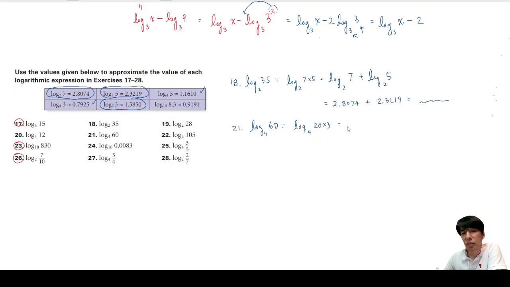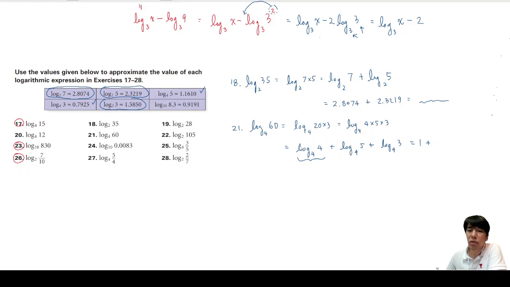So let me further expand it like this: 4 times 5 times 3. Now we can separate the logs. Log base 4 of 4, plus log base 4 of 5, plus log base 4 of 3. Multiplication can be converted into plus. So log base 4 of 4 is just 1.